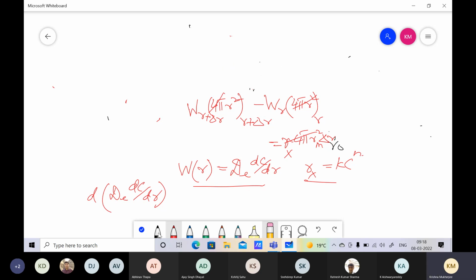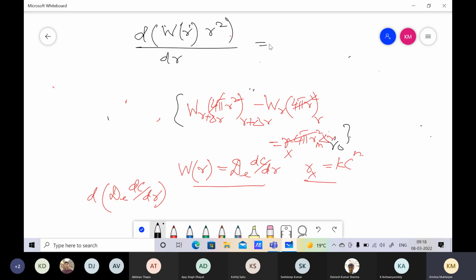So what is this equation? d by dR of W R square, with the 4 pi cut out, is equal to R square into the reaction rate Rx.